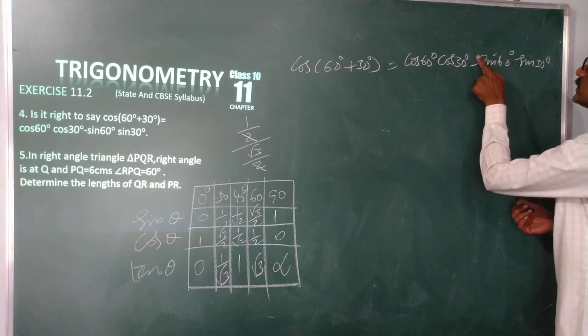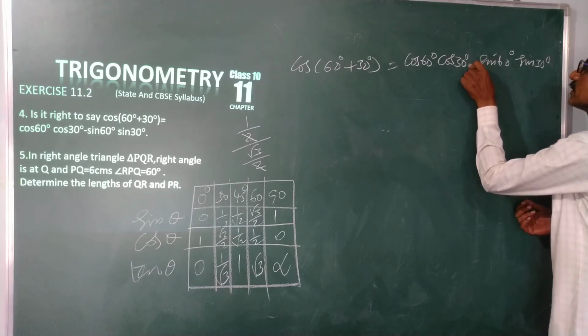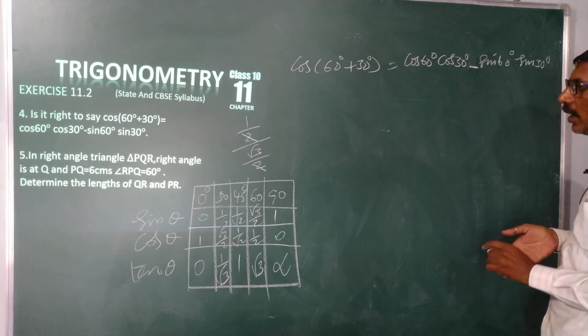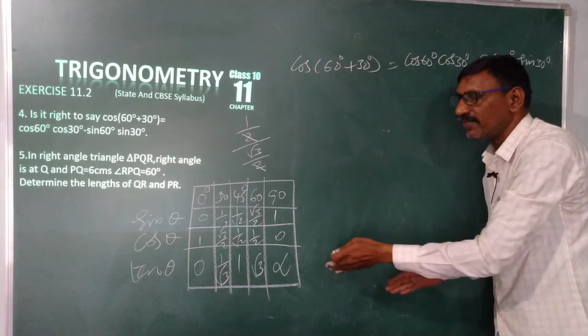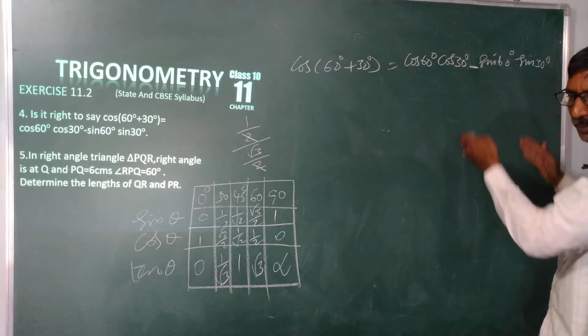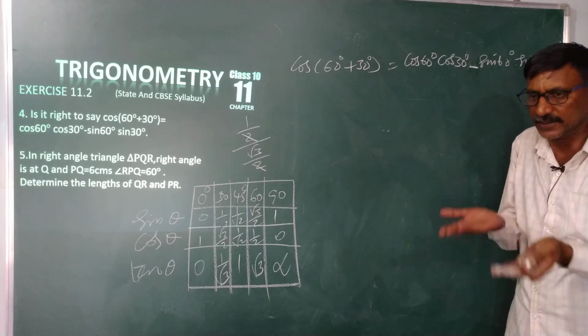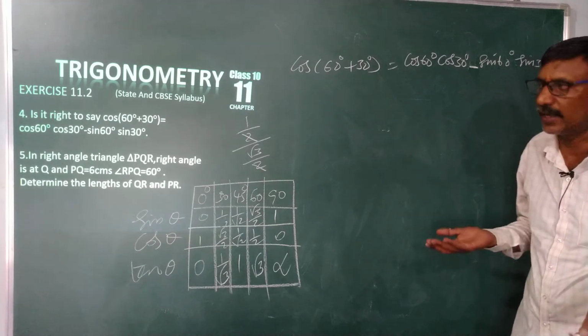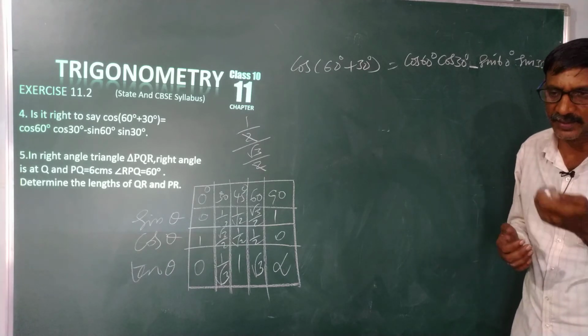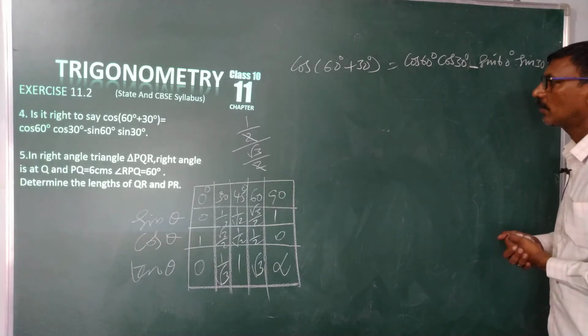Here we have minus. Yes, here we have minus. First I will solve LHS and RHS separately and find the values. If LHS and RHS are equal, then I can say yes. Otherwise I say no.